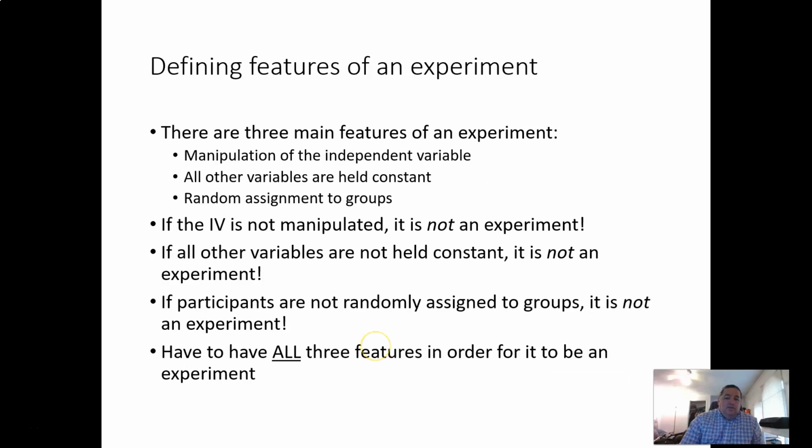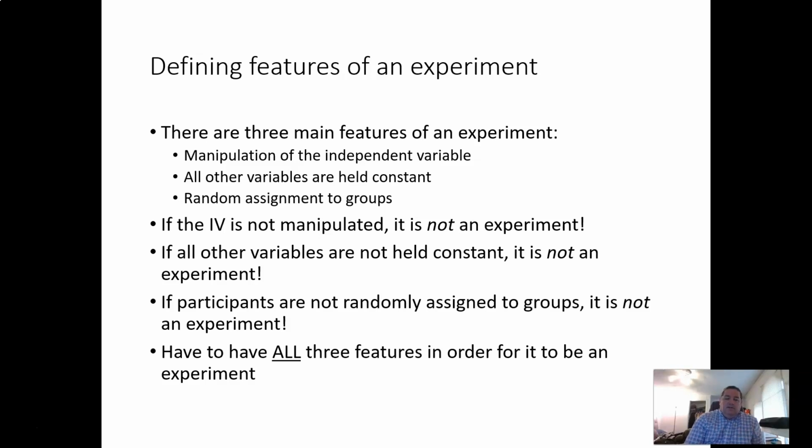There are three main features of an experiment. Manipulation of the independent variable, so having different levels of an independent variable, and there are other variables that are held constant. Random assignment to groups, and that's one of the key things. That's actually what makes it a true experiment. If the independent variable is not manipulated, it's not an experiment. If all other variables are not held constant, it's not an experiment.